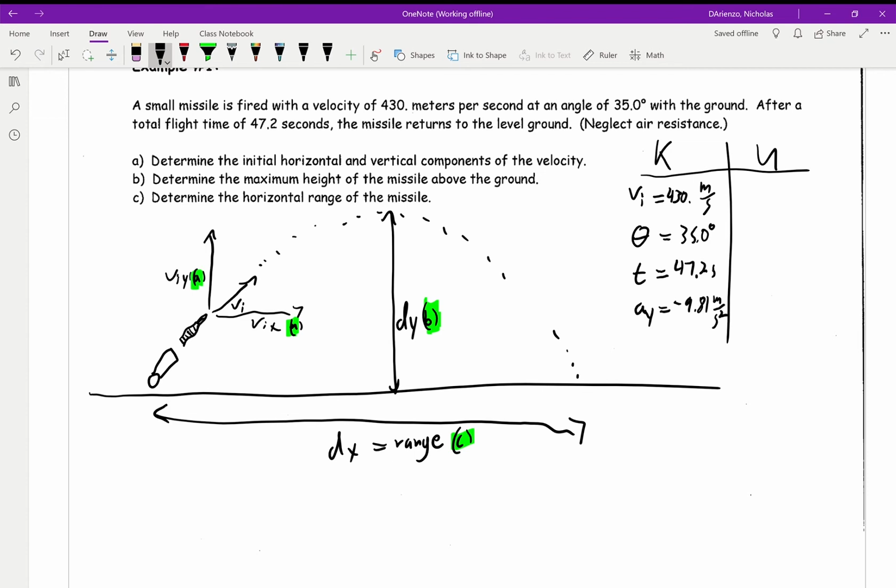This is acting towards the ground, and our motion is going to oppose that and then work with that. We know acceleration in the x is always going to be 0. What do we not know? We don't know the x component of our initial velocity. We don't know the y component of our initial velocity. We don't know the maximum height, or the d of y, of the missile. And we want to find the range, the horizontal distance of the missile.